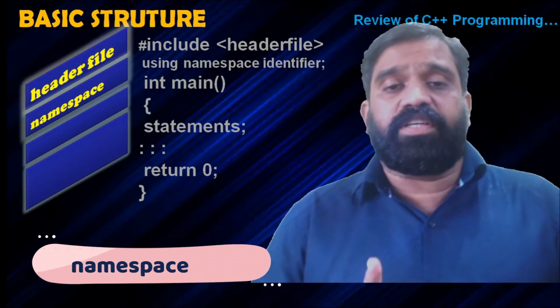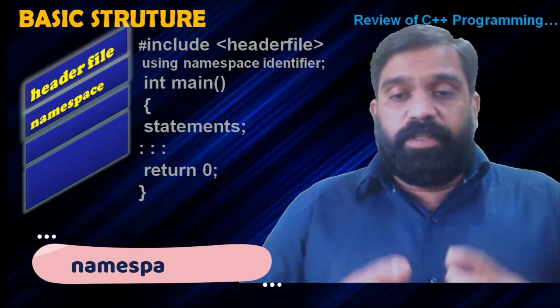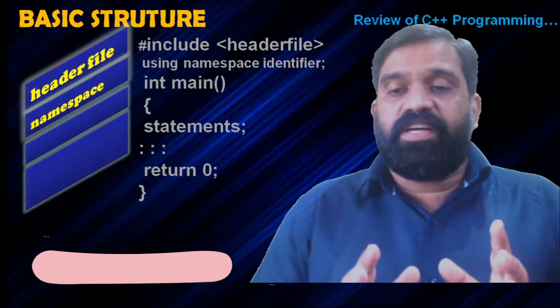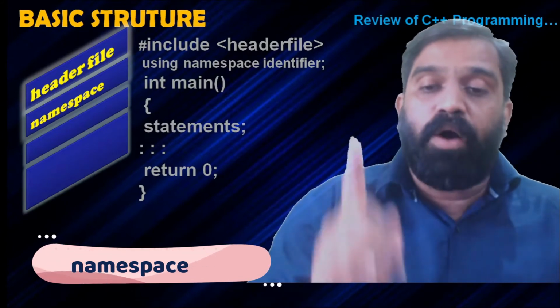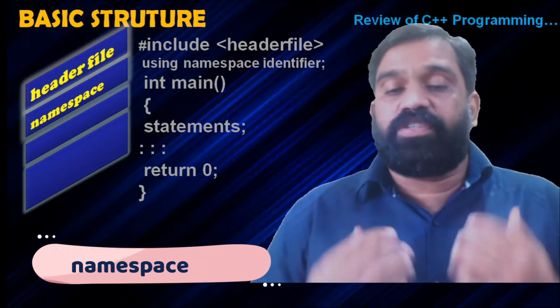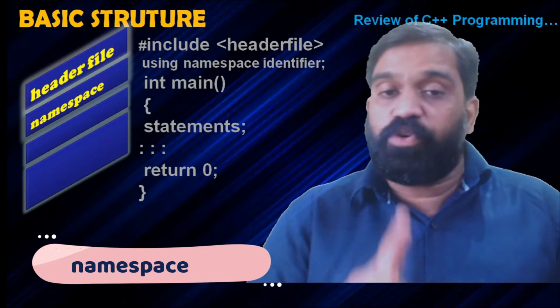We discussed scope during the last academic year. The keyword using technically tells the compiler about the namespace where it should search for the elements used in the program. So using is a keyword.